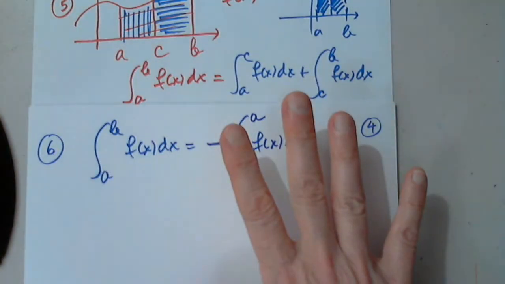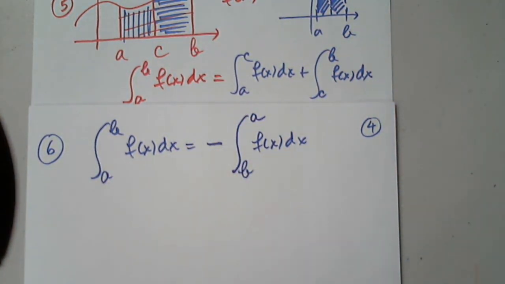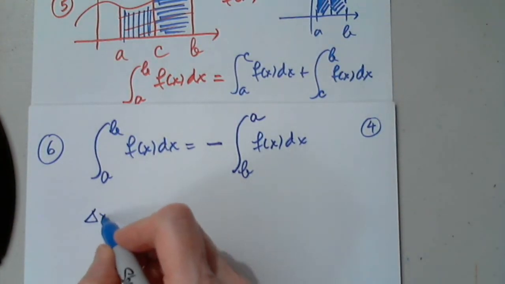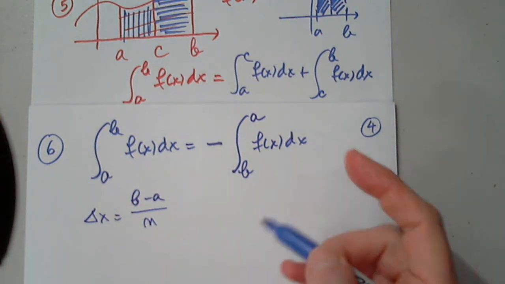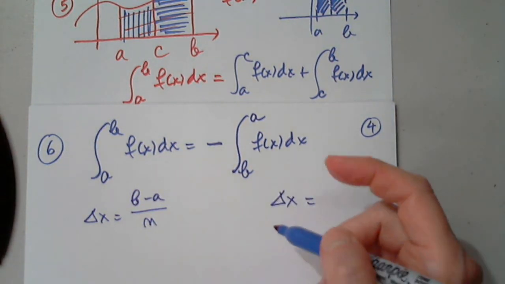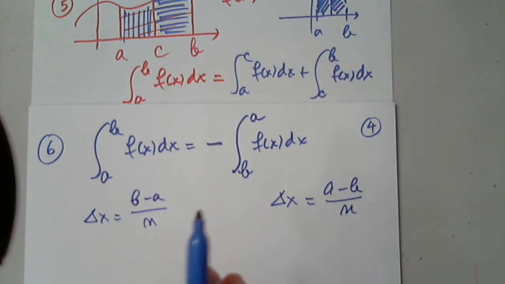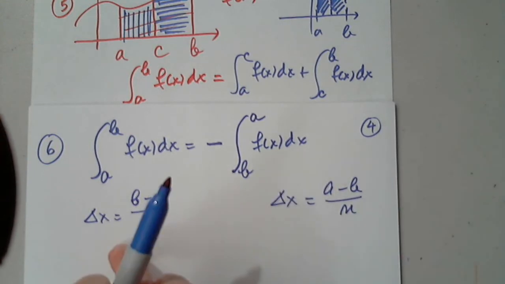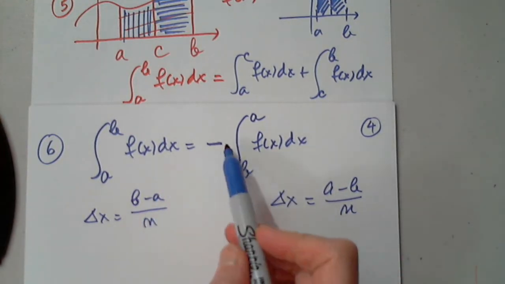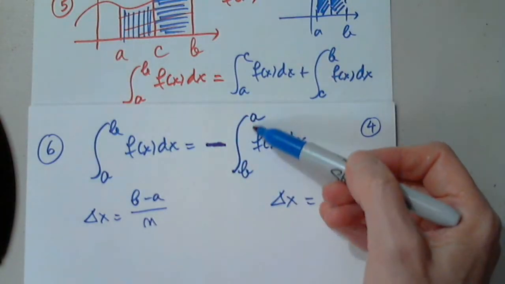And why is that? Normally delta x is b minus a over n, but here delta x is a minus b over n. So this here is the opposite of this. That's why this minus pops up if I reverse the limits of integration.